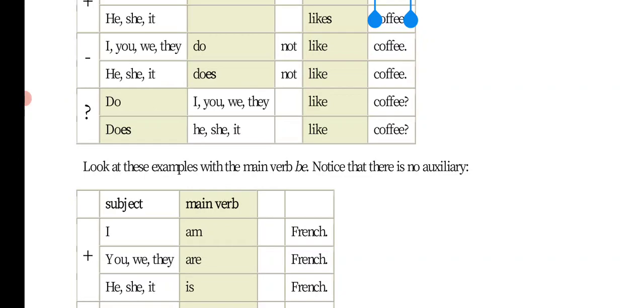For example, you are a student, you go to school regularly, so it means I go to school every day. I is the subject, go is the main verb, there is no auxiliary verb. I go to school every day. Every day is an adverb which qualifies a verb, telling us more about the verb.